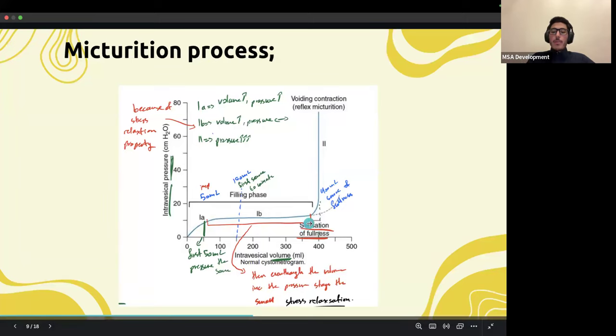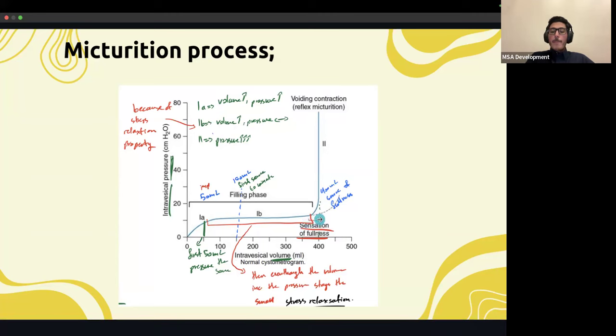But it's going to reach a point where the bladder can't expand further, and the pressure is going to jump rapidly, as shown in segment 2, where we're going to have those reflexes of micturition that are so strong. This means that even in the filling phase, there is signaling of micturition.